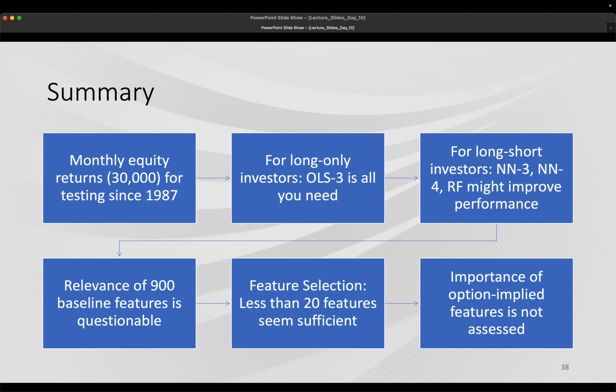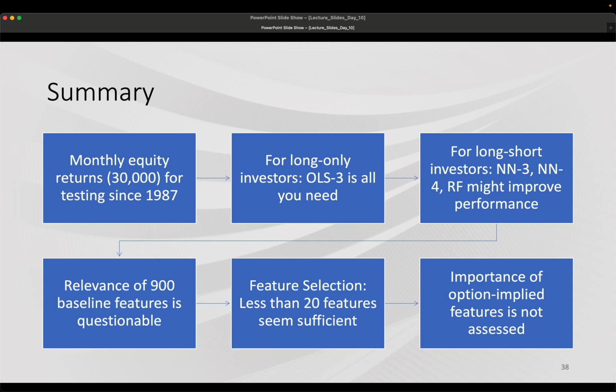And let me just summarize. Now, in the research study, they use monthly equity returns for in total 30,000 stocks, on average 6,000 per month. That's because firms drop, and some firms go bankrupt, so they're not on the exchange anymore. It's since 87. Now this is my summary, not the one of the paper. So for a long-only investor, OLS3 is all you need.